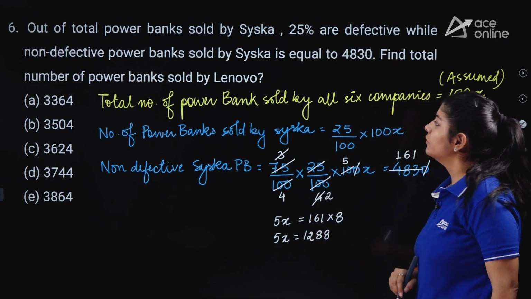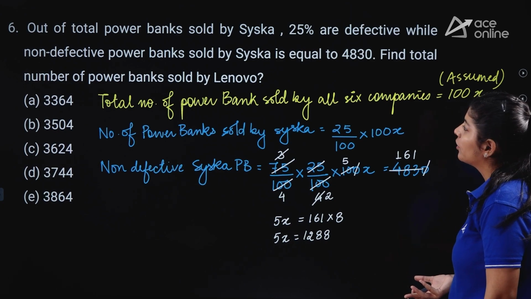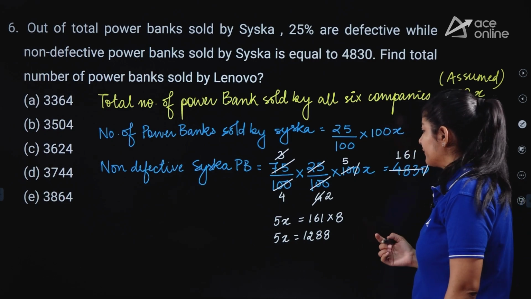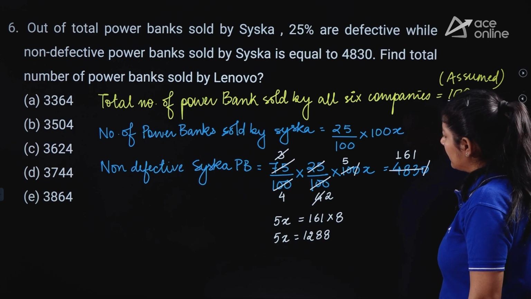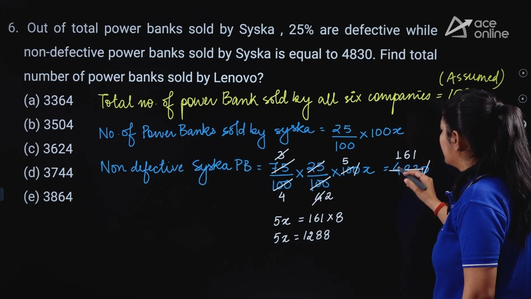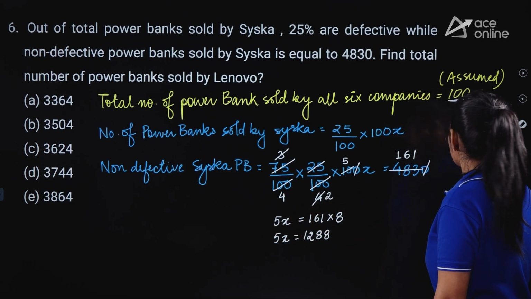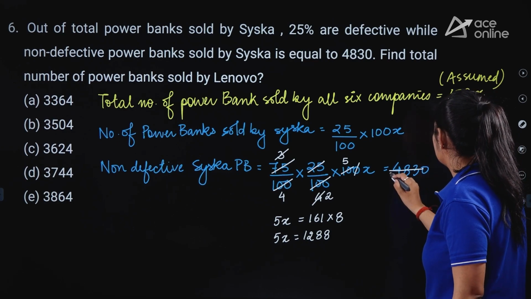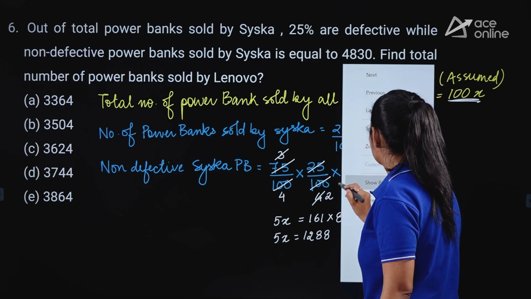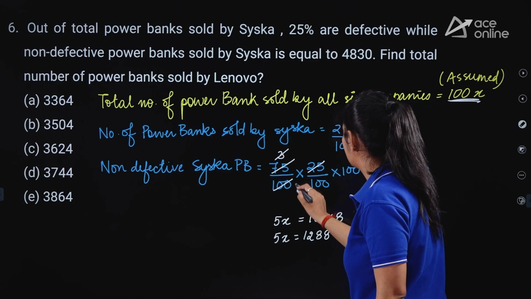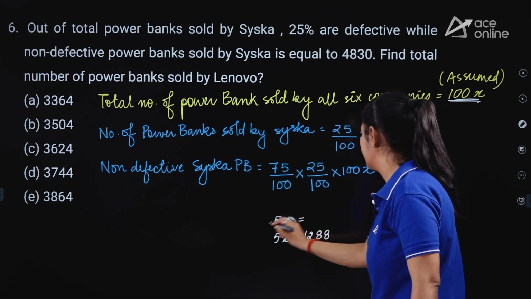But what we have to do, if we have to calculate the total number of power banks sold by Lenovo, that means first we have to calculate the value of this one. So instead of eliminating this one, we can just simply calculate it, or you can also do one thing, just simply multiply it by 20 so that you will get the values. So I'm just eliminating all the values that we deducted over here so that we can easily find out the value of 100x over here.